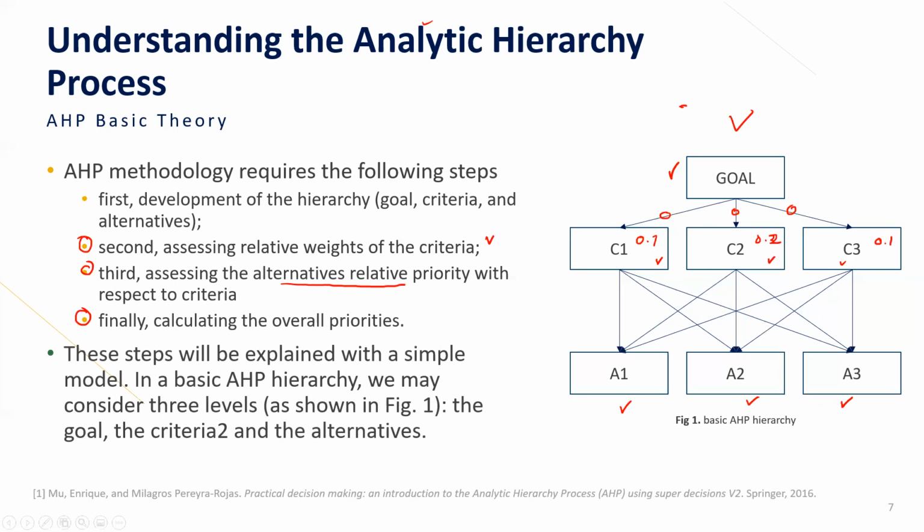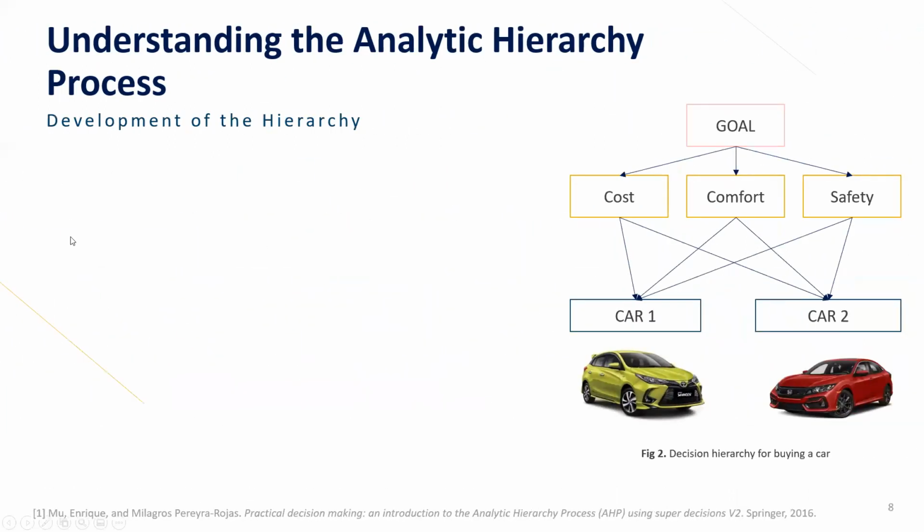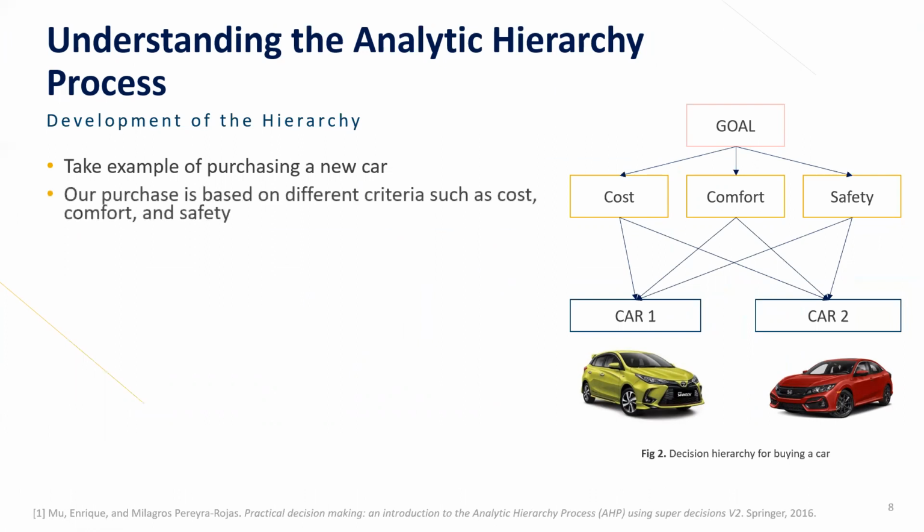Okay, next. Let's dig a little bit deeper with an example. Take the example of purchasing a new car, which I already tried to introduce earlier. We want to purchase the best car based on three criteria. Let's say the cost of the car, the comfort of the car, which is a subjective matter.